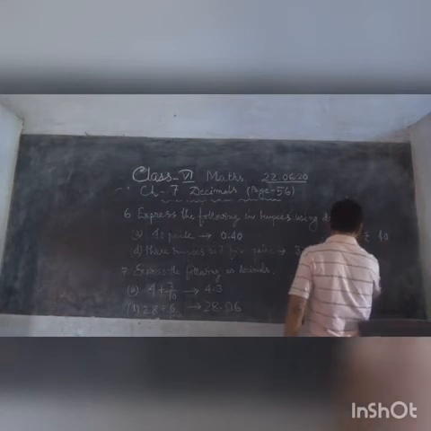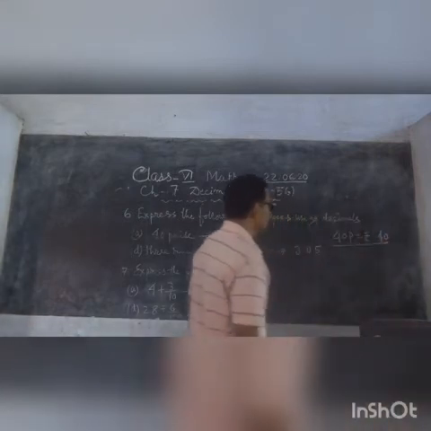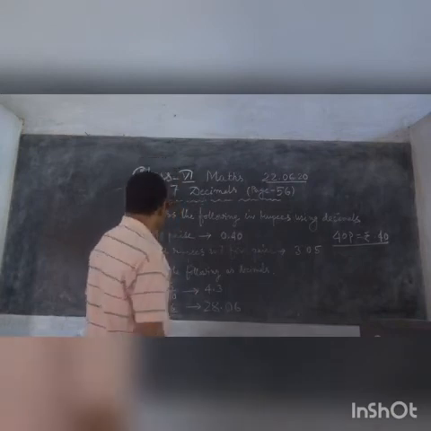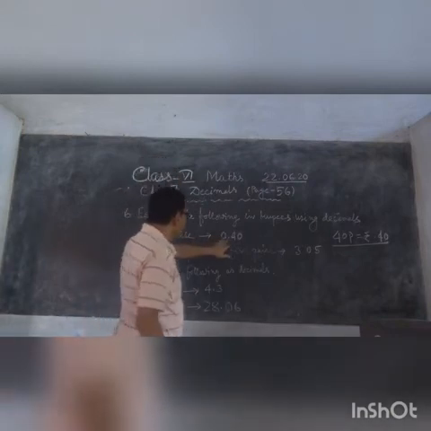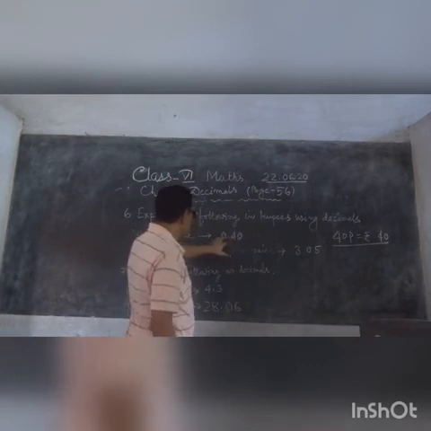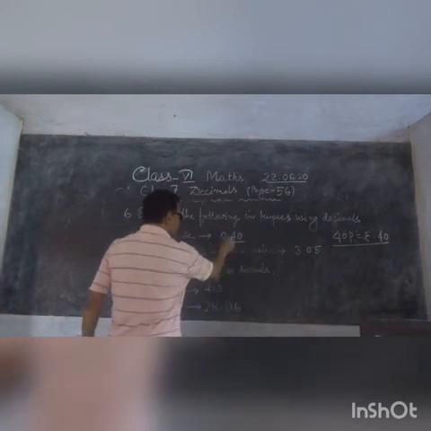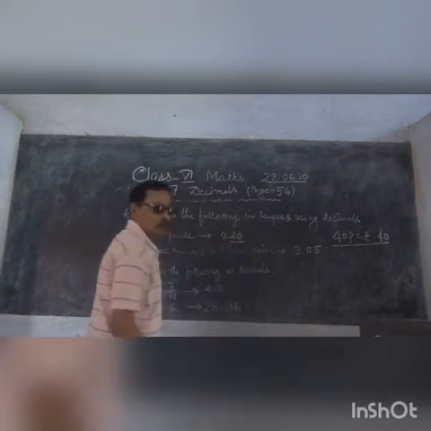It is converted into rupees, so no need to write the symbol of rupees, only write 40 paisa equal to 0.40 rupee. This part is rupee, not paisa. When you put the decimal, then it will be converted into rupee.